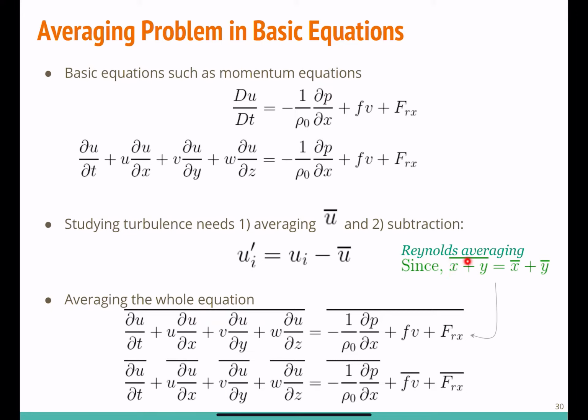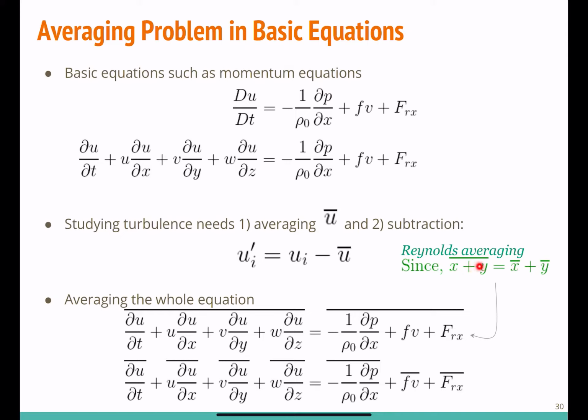So the average of the sum of these two terms equals each of their averages, and then we do the sum. So it's the order that is different in here. Okay, we do averages first, and then we do the summation after that. Okay, and then this is the other way around.